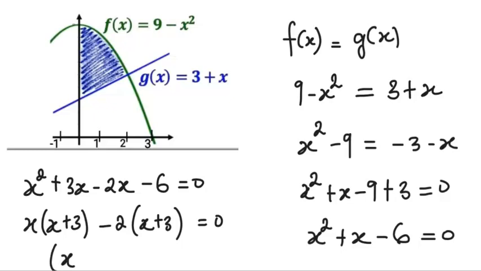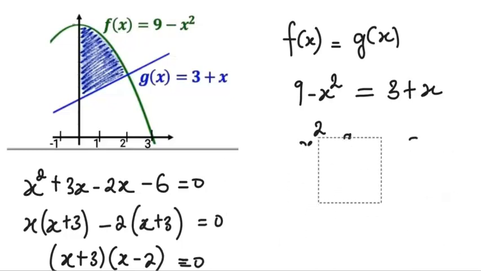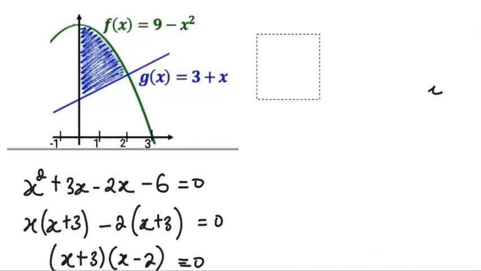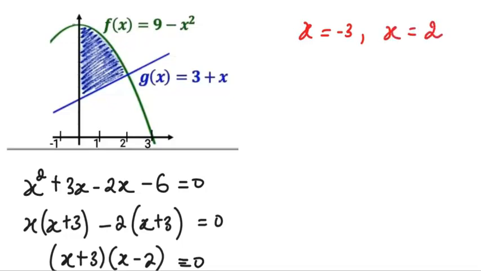So this is factorized as x plus 3 multiplied by x minus 2, and this is equal to 0. If we let x plus 3 equal 0, we get x is equal to -3. And if we let x minus 2 equal 0, we get x is equal to +2.